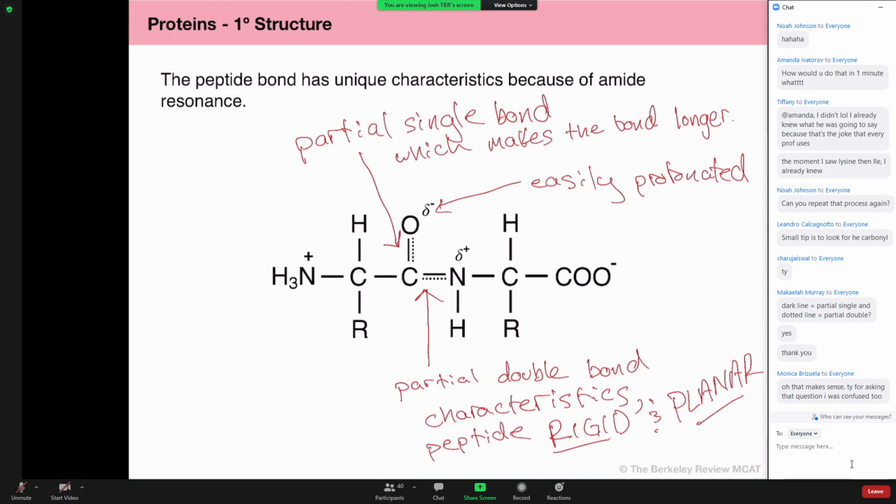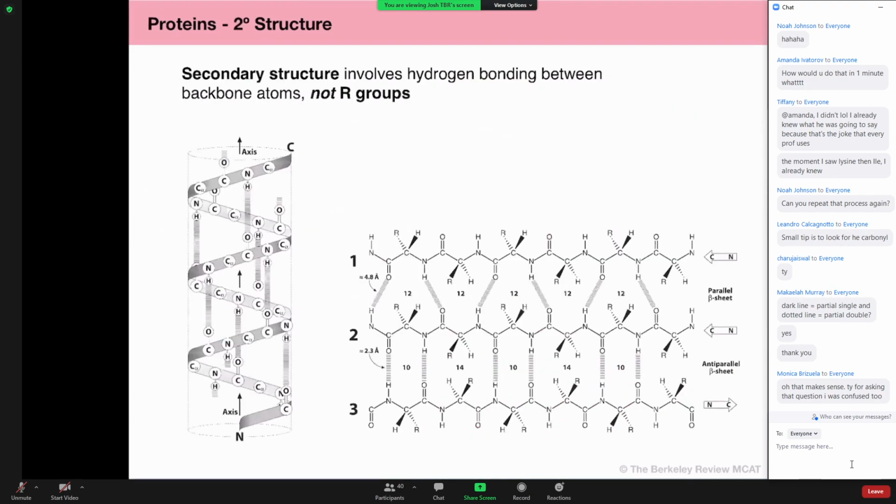And we're going to see that in a second when we talk about beta sheets and alpha helices, okay? Cool. Yeah, good questions, guys. Keep them coming. Sorry, when I said tertiary structure, I meant secondary structure.